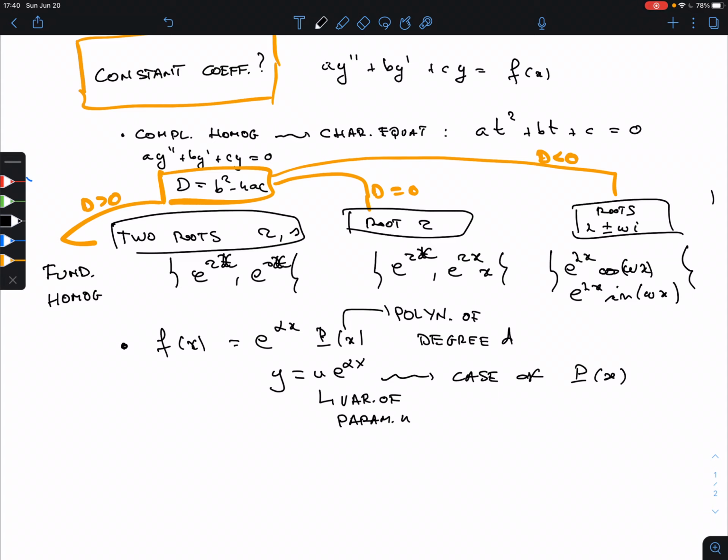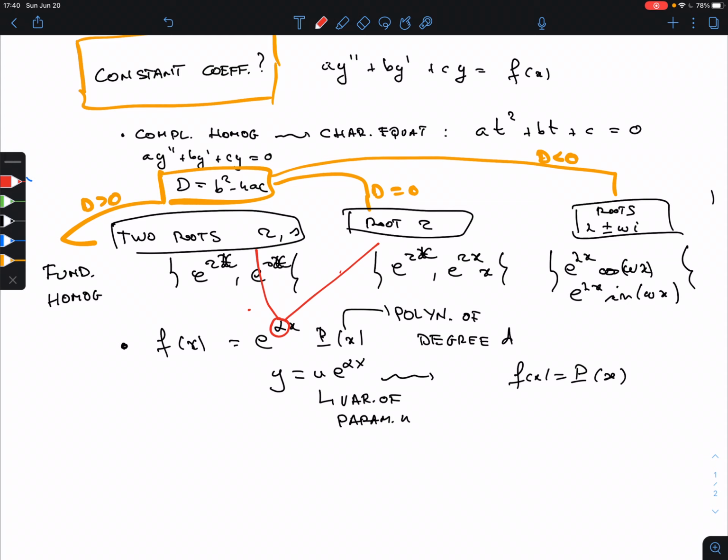So this reduces to the case that f of x becomes p of x. Okay, but again, a very important part here is: is alpha a root? So are we in this case, or perhaps even in that case? Okay, I hope you can follow my flowchart here. So in this case, let's see what happens.